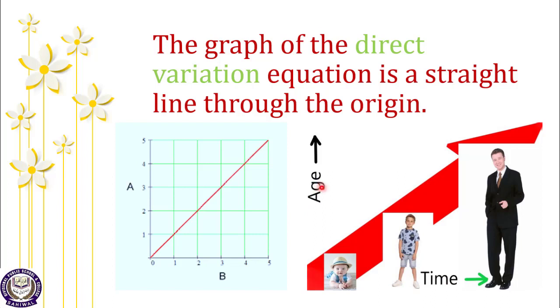Age varies directly with time. When we are a kid, our age is less. When the time passes, we start growing up. And as the time passes on, we become an adult, and this goes on.